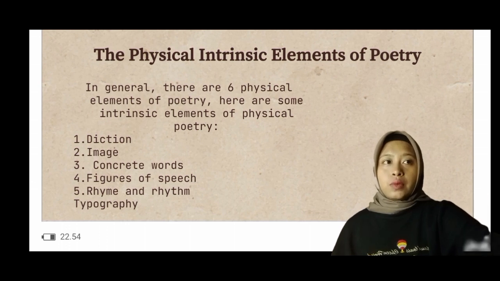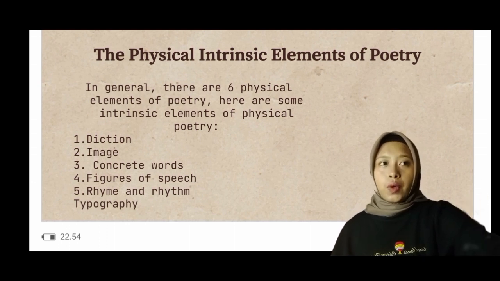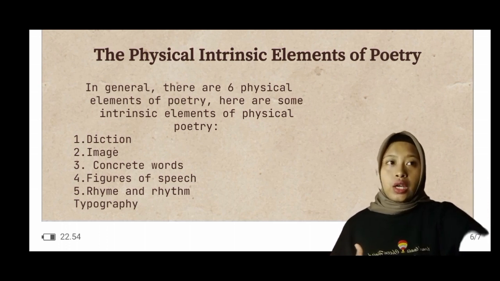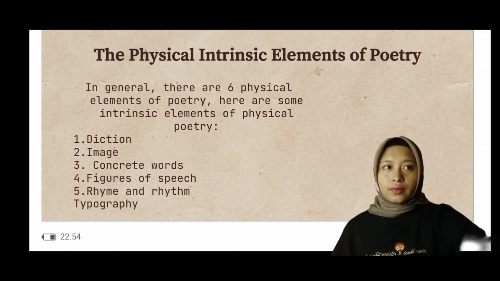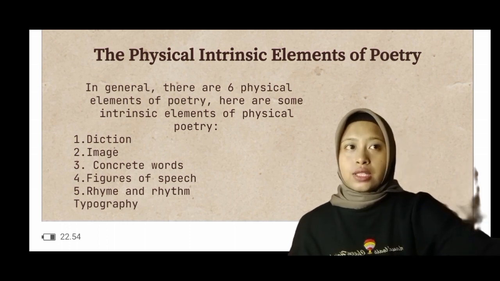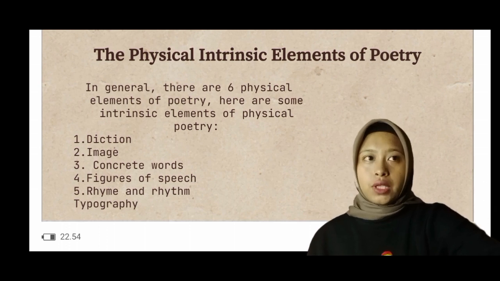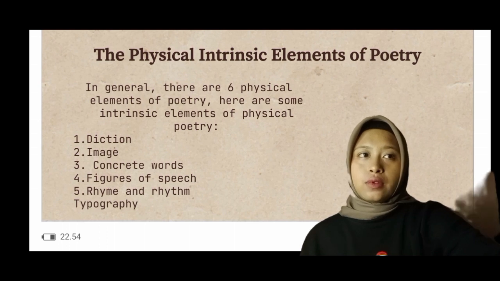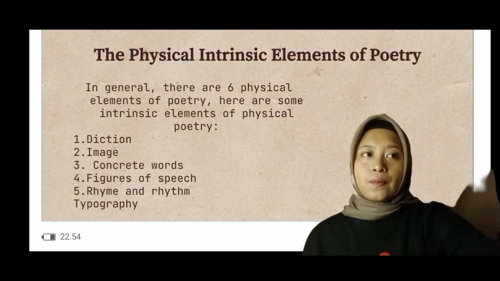Rhyme and rhythm are the similarity of sound in poetry, whether at the beginning, middle, or end of poetry lines. The last one is typography. Typography is the appearance of poetry that is filled with words, left and right margins, and does not have line arrangements.